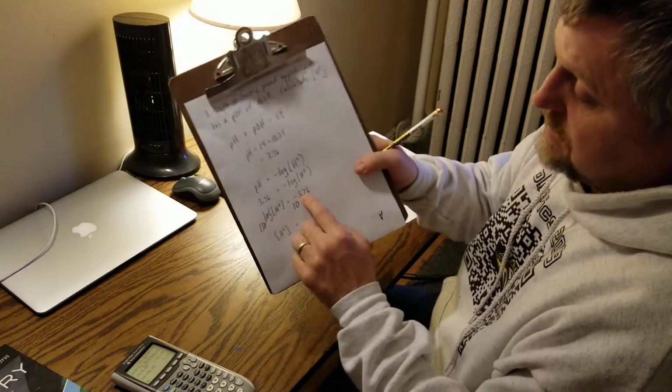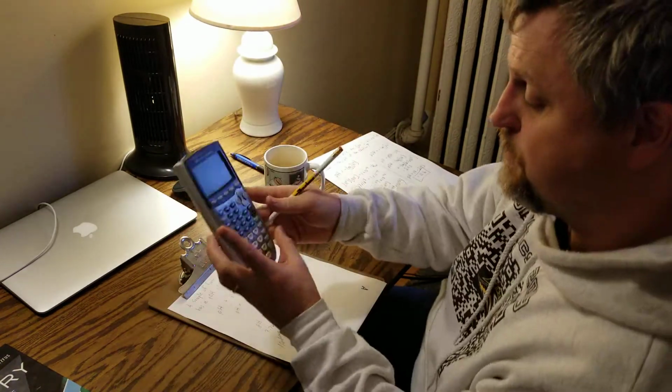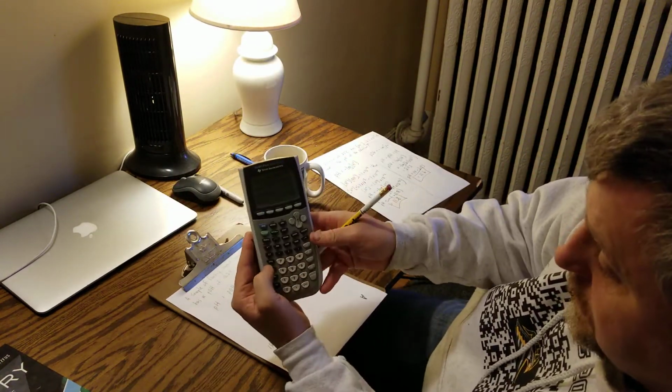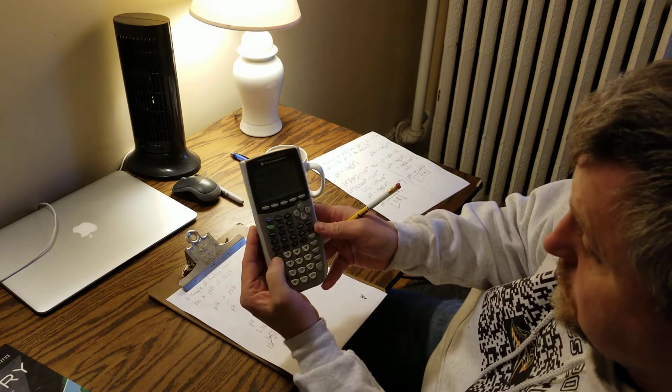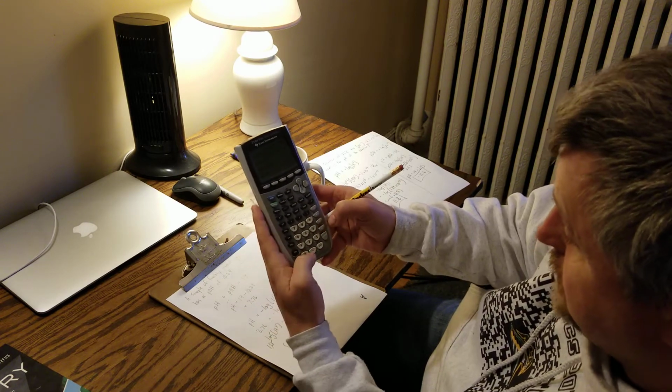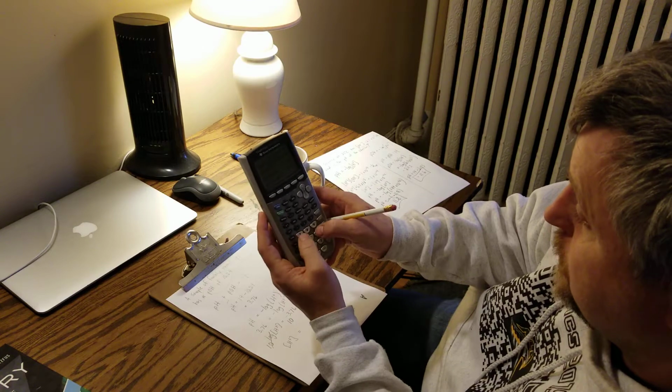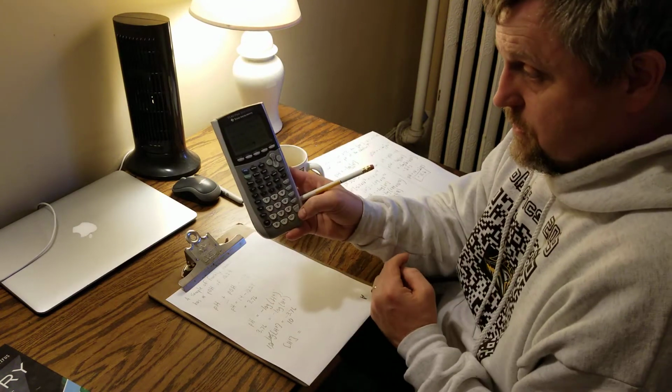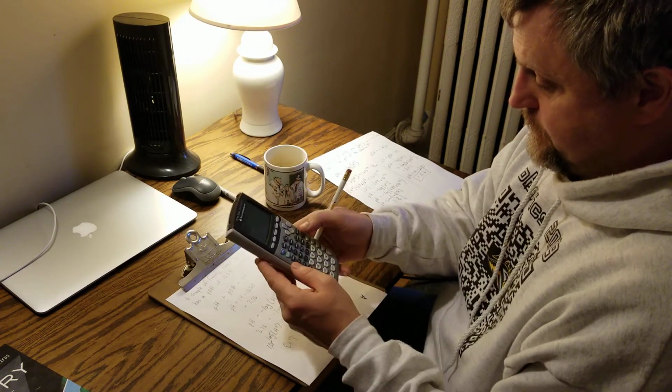And then we have 10 raised to the power of negative 3.76. And there is the function on the calculator. Negative 3.76 is what we're raising it to.